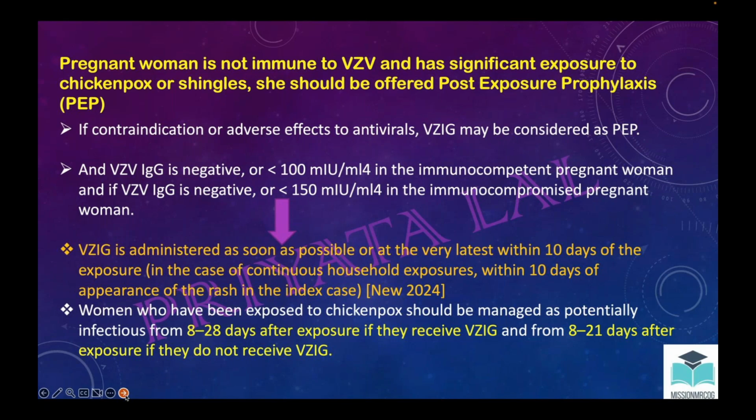And when the patient is given immunoglobulins, then she would be considered as infectious from 8 to 28 days after they receive immunoglobulin, and from 8 to 21 days, that means 1 week to 3 weeks, if they have not received varicella zoster immunoglobulins. Okay, so this part is the same, there is no change here.